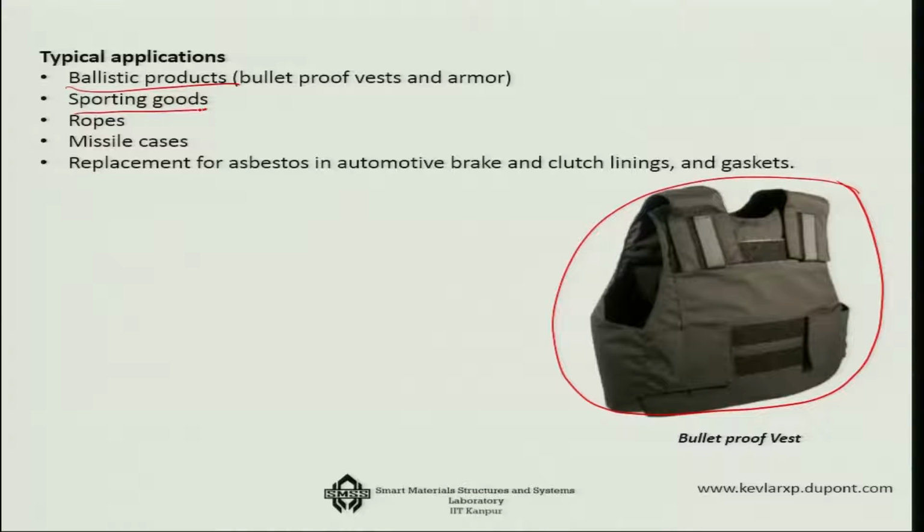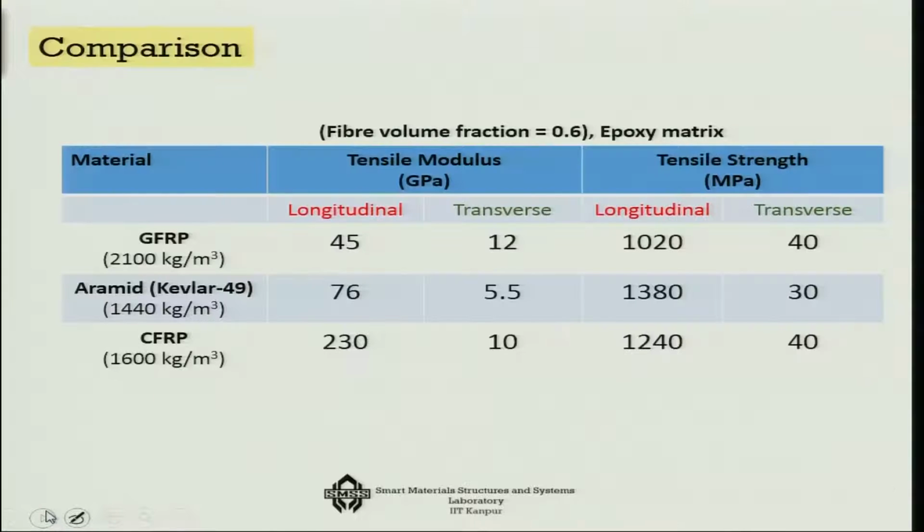Also it is used in sports goods, ropes for climbers and missile cases, and in many cases it works nicely as a replacement of asbestos in automatic brake and clutch linings. Asbestos is a good fiber, but the problem is that it is injurious to health. So in such cases this fiber works very well as a replacement.